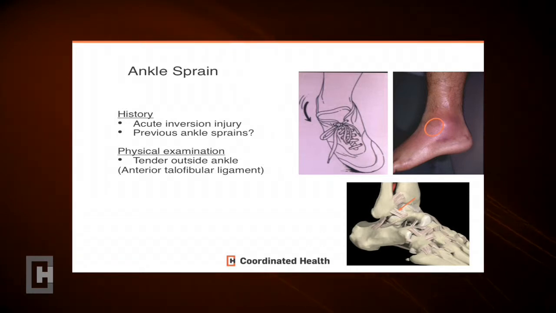Now ligaments by definition hold bones together, so they're the things that keep your joints together. In this particular case, the arrow is pointing to the most common ligament that's torn, which is called the anterior talofibular ligament, which really doesn't mean much to you. It's just the ligament on the outside that's commonly torn when the ankle inverts. There's a lot of pain on the outside of the ankle when this occurs.